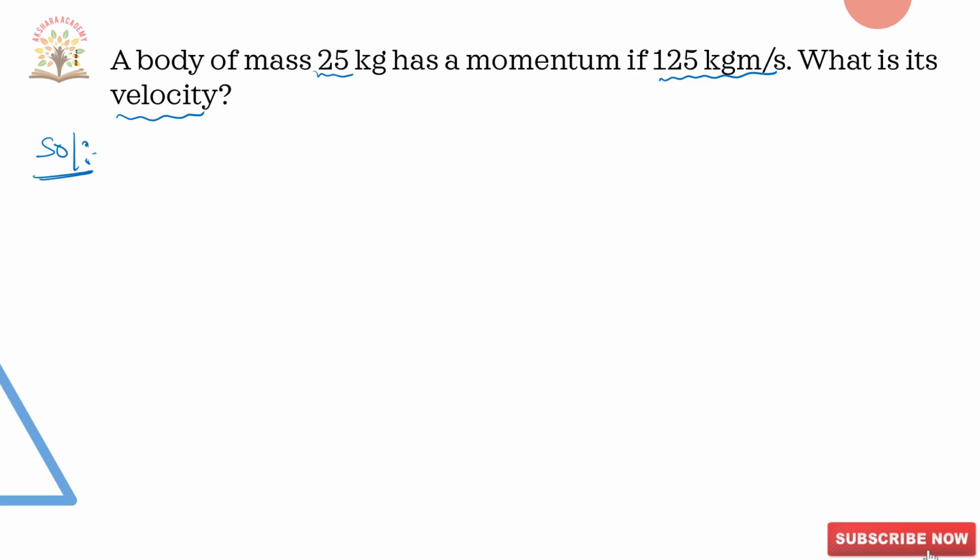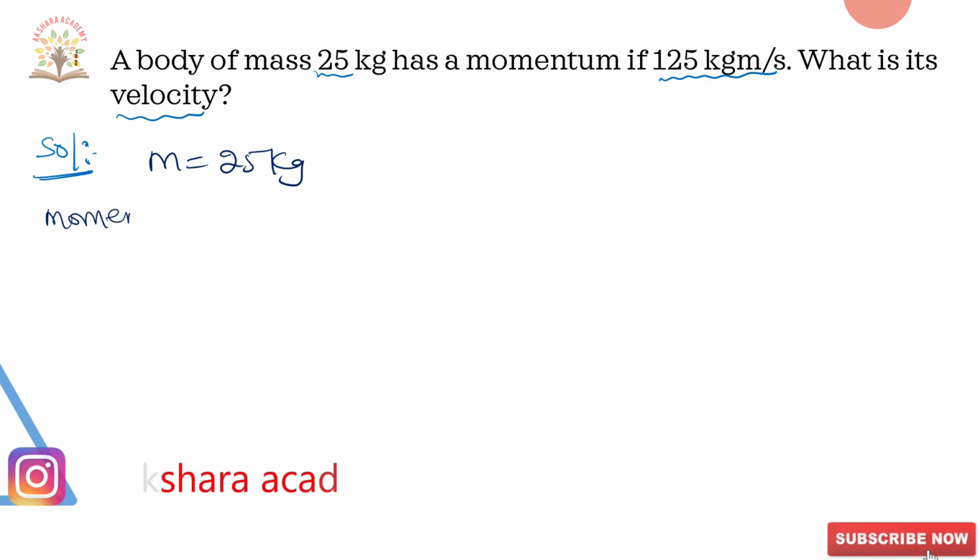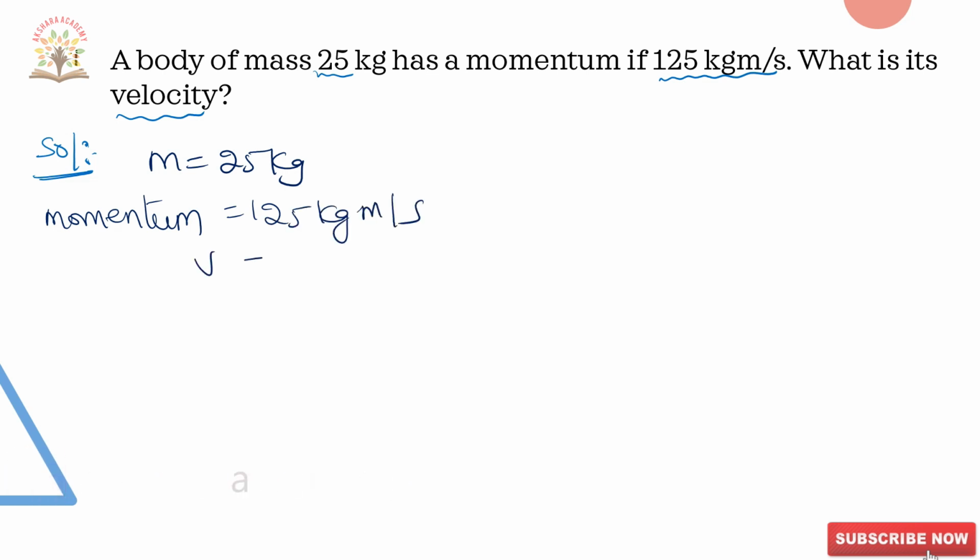Here given mass m is equals to 25 kilogram and momentum they given as 125 kilogram meters per second and v is equal to question mark. We have to calculate. Momentum is equals to mass into velocity.